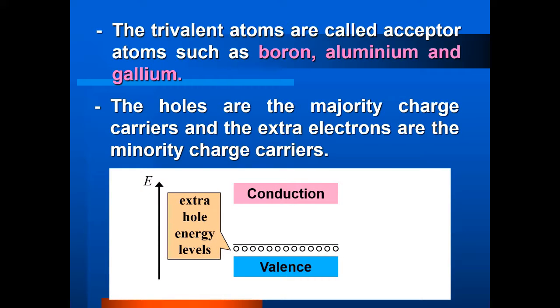And this diagram also shows the different energy level. If you want an electron to jump to another hole in the covalent bond, it needs less energy compared with an electron getting out from the covalent bond to become a free electron to conduct electricity.